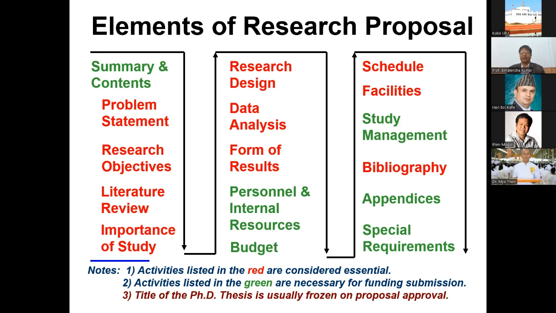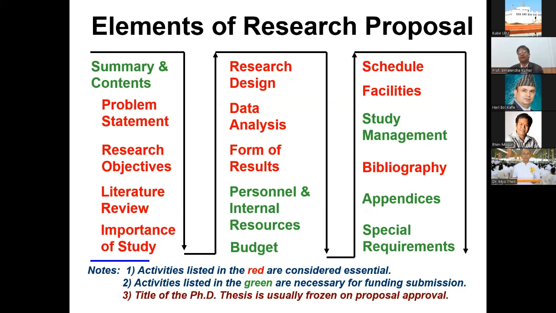Then personnel and the internal resources. What are your sources for the collection of the research materials? Whether you are going to appoint some persons related with the research project, and what will be the internal resources, like laboratory and other scientific laboratories which are meant for collecting the research materials.